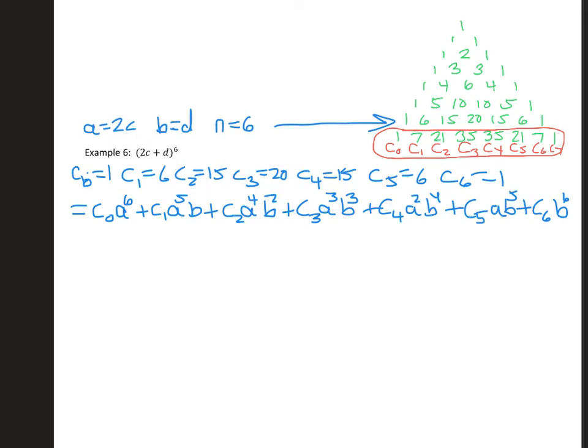And now we're going to start to substitute. So I've got C sub 0 is 1. A is 2c, and the whole expression there is going to see that power of 6. C sub 1 is 6. I'm just substituting in now d for b. And I'm sorry, I'm having to write really small to fit everything in.